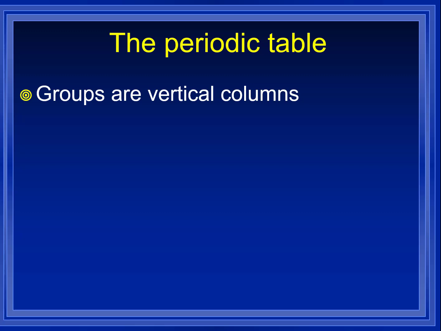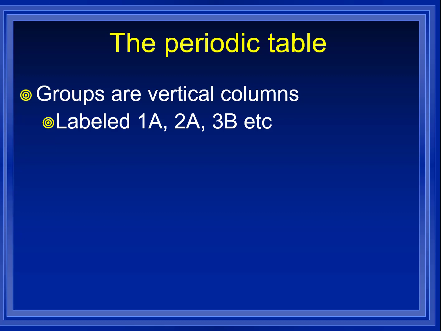Those are officially known as groups. In the first group, it says 1A over it, so that is group 1A. Second column is called group 2A.